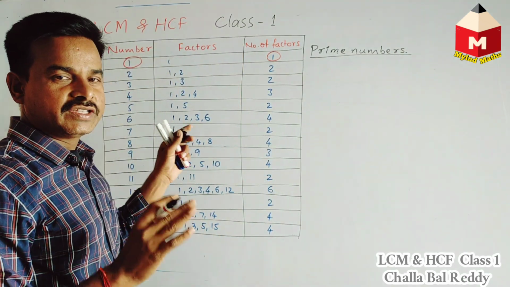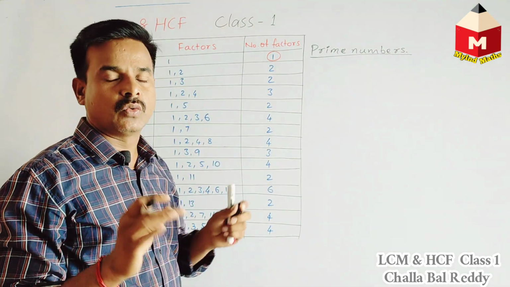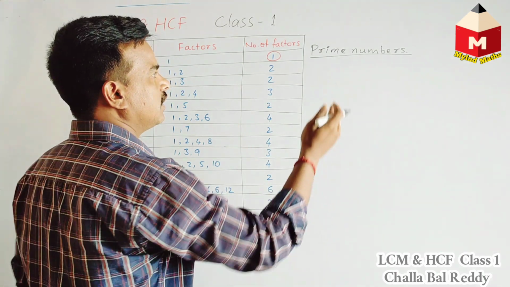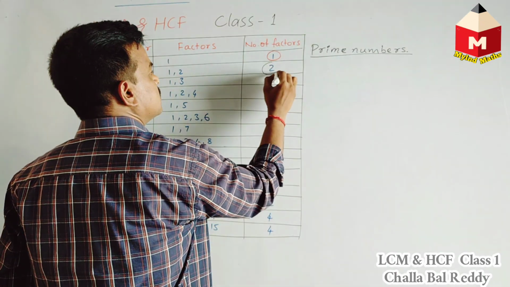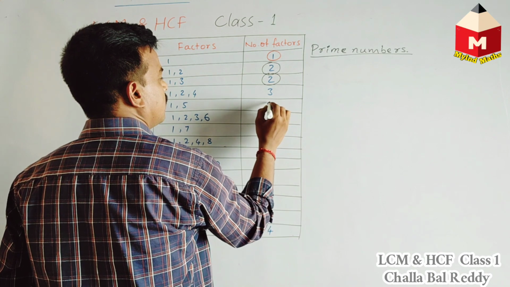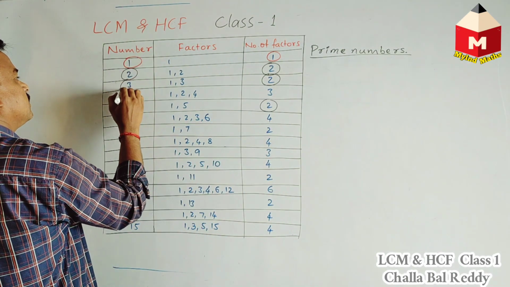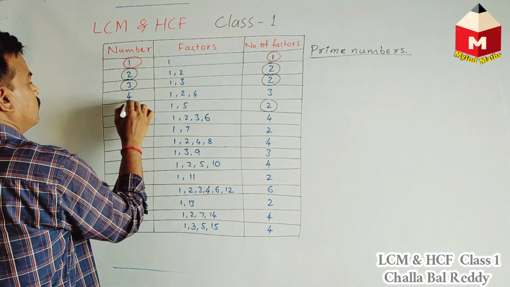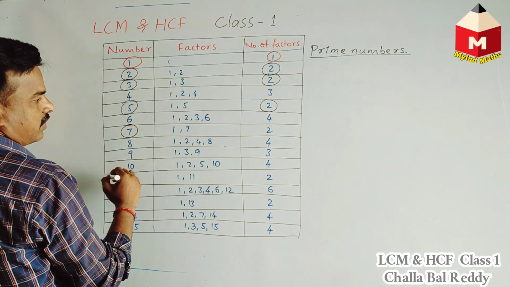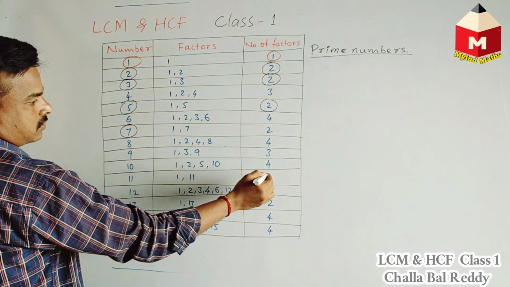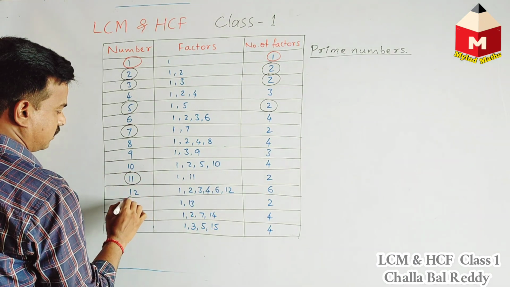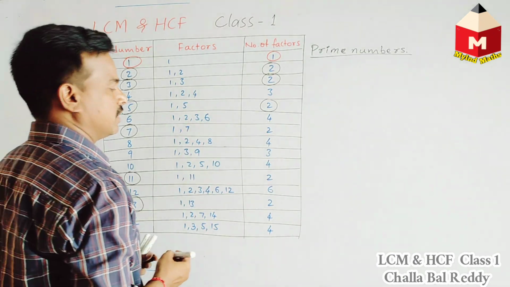The numbers which have only 2 factors are called prime numbers. You see here, 2 factors only. That is why 2 is a prime number, 3 is a prime number, 5, 7 and next 11 and 13. These are the prime numbers.